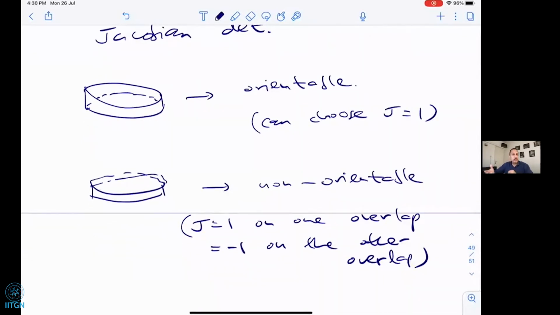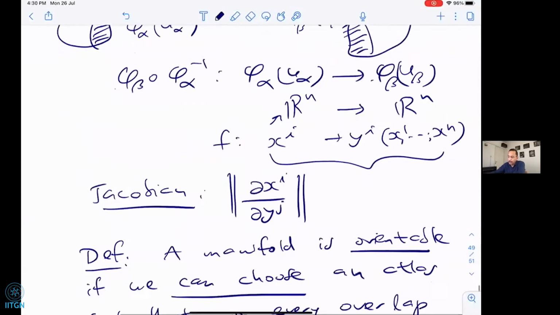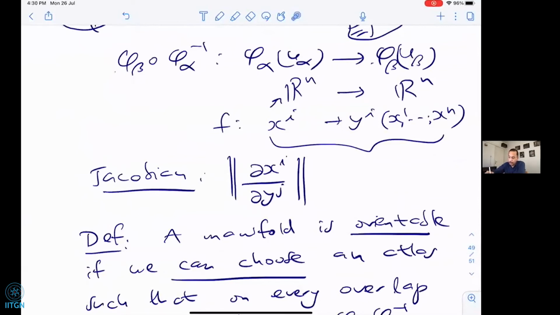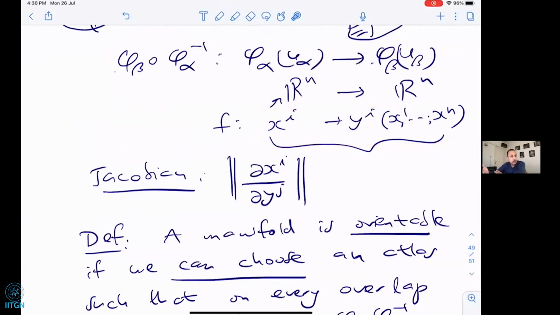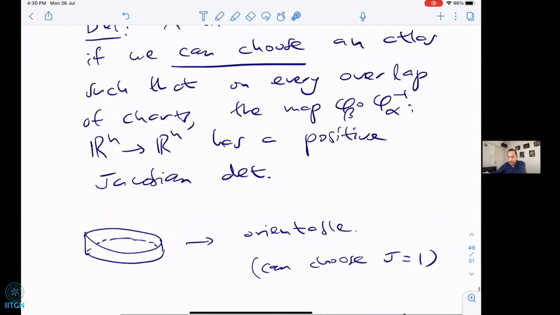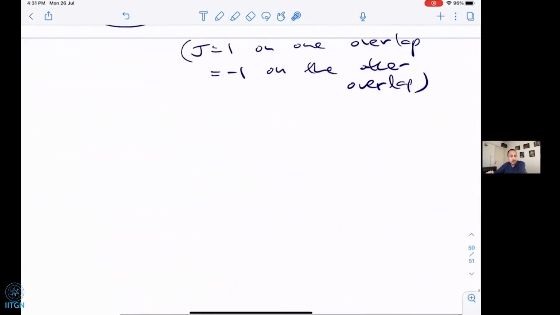These examples are still those which we can visualize in 3D, but now it doesn't require any visualization. All you need to do is find the charts and write this function xi going to yi. Once you know that function, you can compute its Jacobian determinant and show that it's everywhere positive. It need not be constant in general. We only want the sign to be positive. For simple cases, it may be constant if the overlap functions are linear.